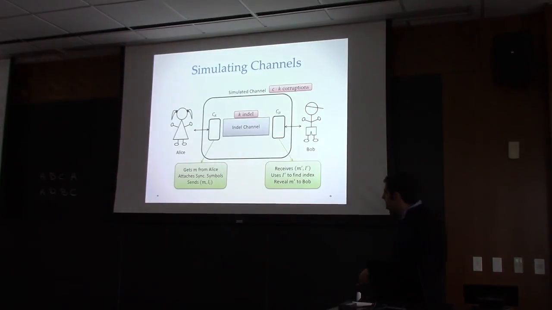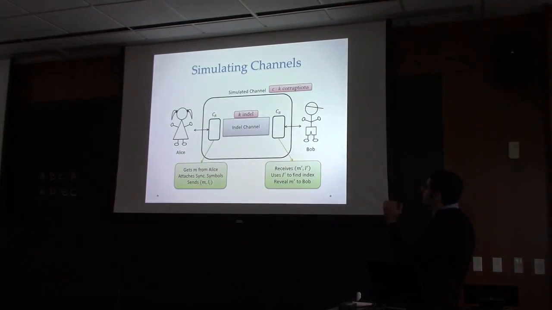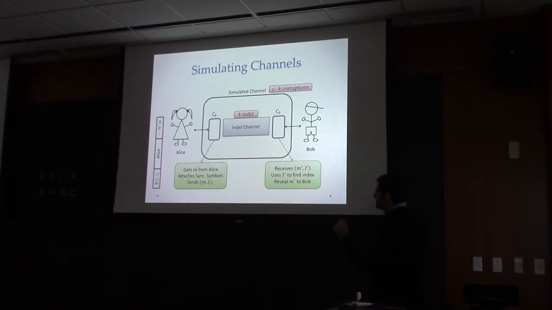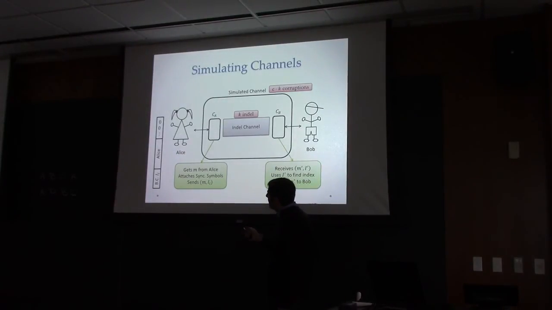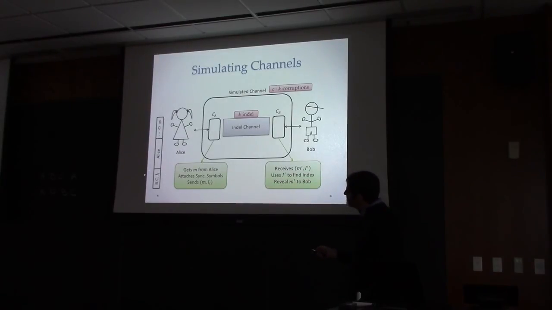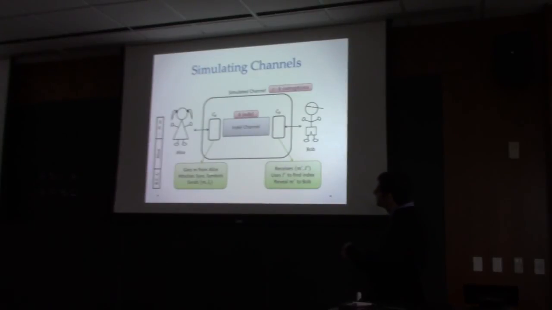So what we do is chop Alice's message into blocks of some certain length. And then at the end of each block, we send a binary coded synchronization symbol. I mean, you have a bunch of binary strings which are in one-to-one correspondence with your alphabet of the synchronization string, and you use those strings at the end of the blocks of Alice's communication.